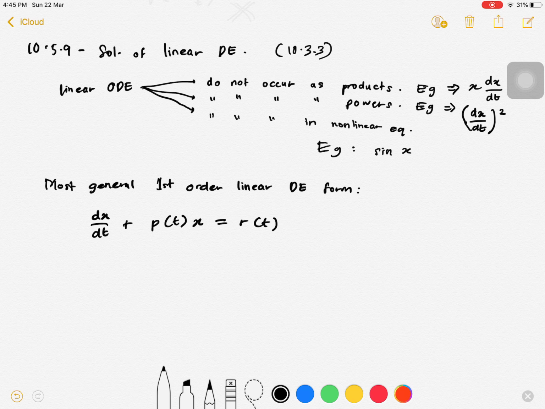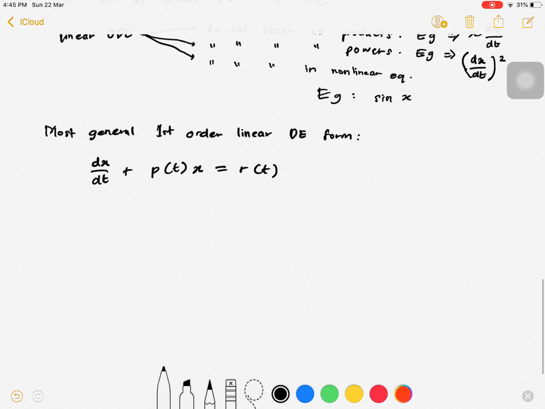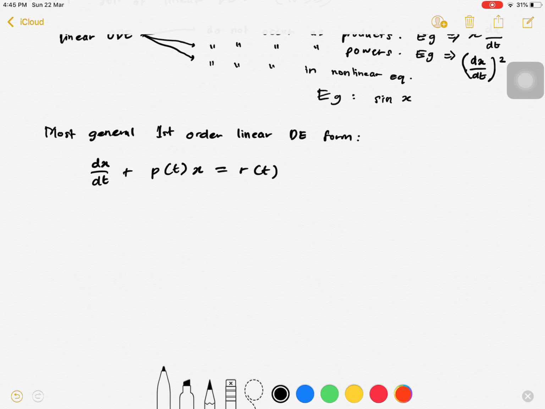So p and r are arbitrary functions of the independent variable t. Again, p and r are arbitrary functions, any functions of the independent variable t. So this is the general first order linear DE form.